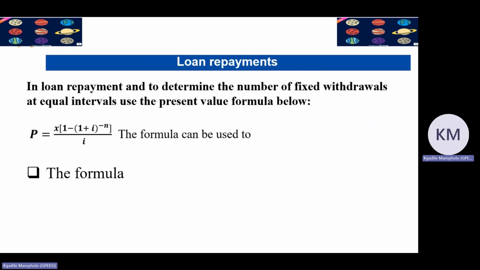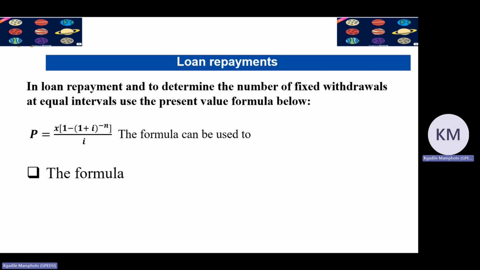In other words, the present value formula can be used in loan repayments, and also when you talk about withdrawals. For instance, if you invest a certain amount of money, then you withdraw fixed payments at equal intervals, we still use the present value formula, because the money that you invested is not what you will have, it is what you have at that moment.